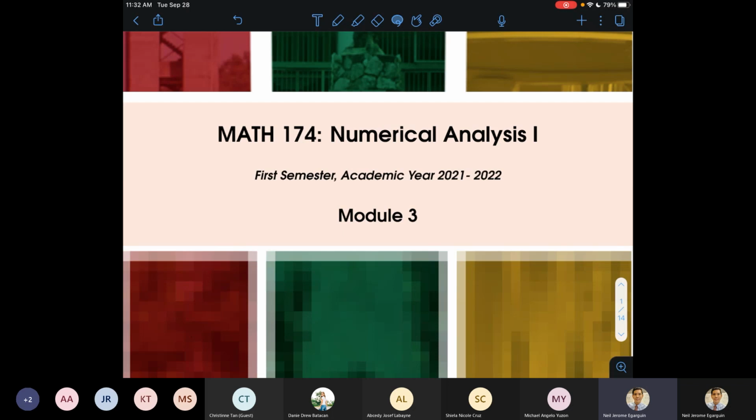But of course, we are not guaranteed to get that minimum error. So, at saka napaka-conservative niya. So, halimbawa, sinabi ko yung error ay at least 10 to the minus 6. So, ibig sabihin, alam ko na in a best case scenario, ang error ay napakababa, 10 to the minus 6. Pero that will not give me an idea what could really happen. So, kaya mas insightful tingnan yung possible maximum error.